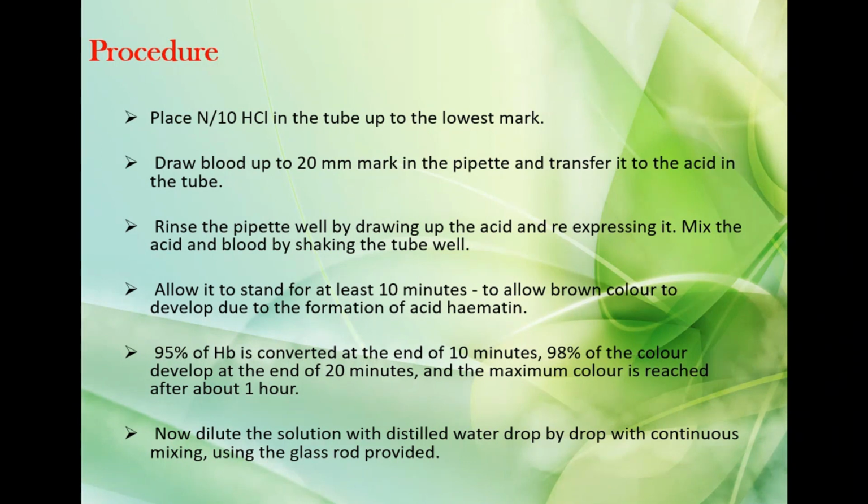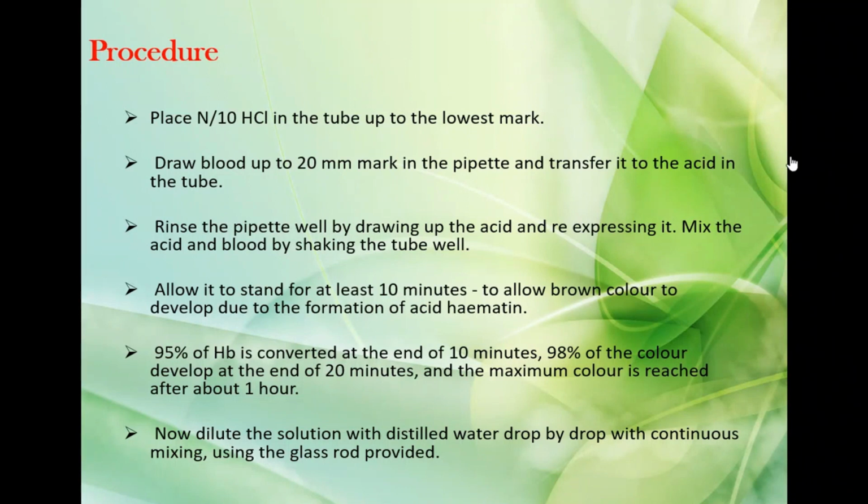That's what we can see. And now dilute the solution with the distilled water, drop by drop, with continuous mixing using the glass rod provided. When we mix it properly, you can see that it becomes diluted.